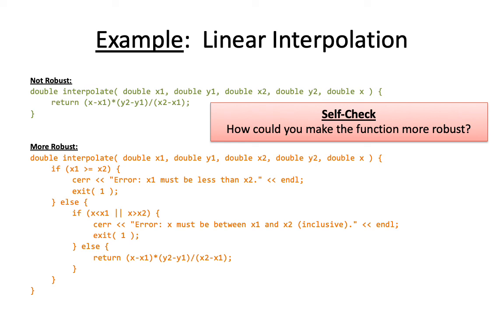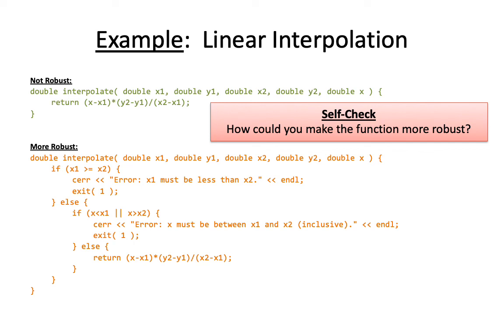Now, you may recall that usually we use cout for output statements. Cerr does a similar thing. It's just like cout, but it's what you would usually use if you're writing an error message as opposed to regular output. And exit will make the program exit.